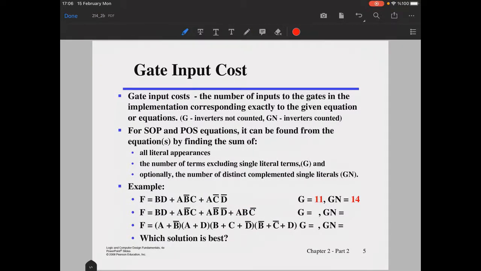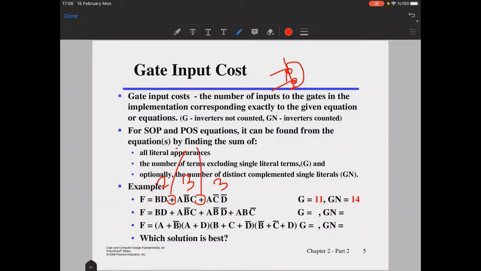If we count the gate input cost, how many inputs do we have to a gate here? I count these ones. That's it. So this is a 2 input AND gate, 3 input AND gate, 3 input AND gate. And they all connect to a 3 input OR gate, right?